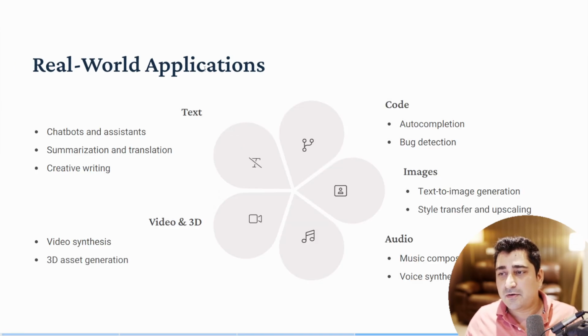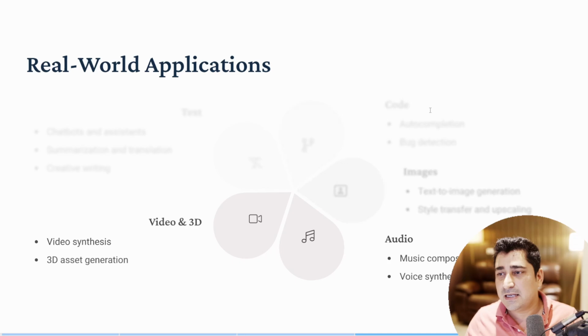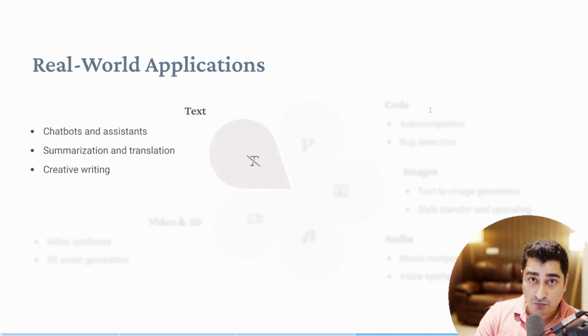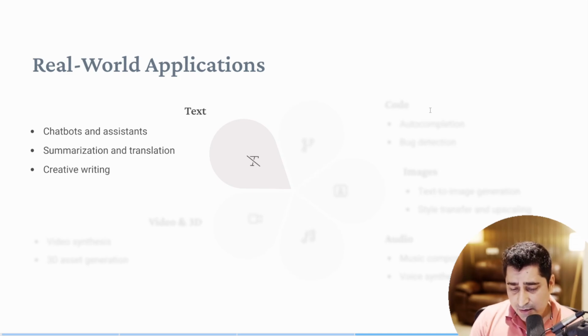So when I say a real world application, there are so many real world applications. You will be able to see a text chatbot assistant. So nowadays, when you connect with any kind of banking solution, like ICICI, HDFC, or any other banking system, generally their voice bot or their text bot is going to give you answers.